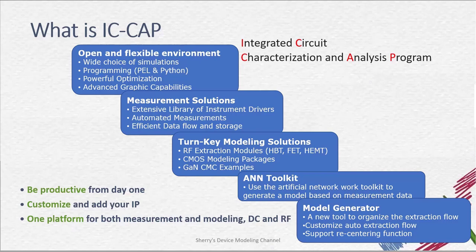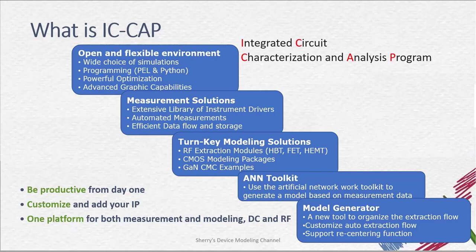Besides the traditional measurement and modeling, there is also an ANN toolkit. You can use the artificial neural network toolkit to generate a model based on measurement data. And lastly, the model generator is a new tool to organize the extraction flow, and users can customize and develop their own auto extraction flows in the model generator, and it supports the recentering function.